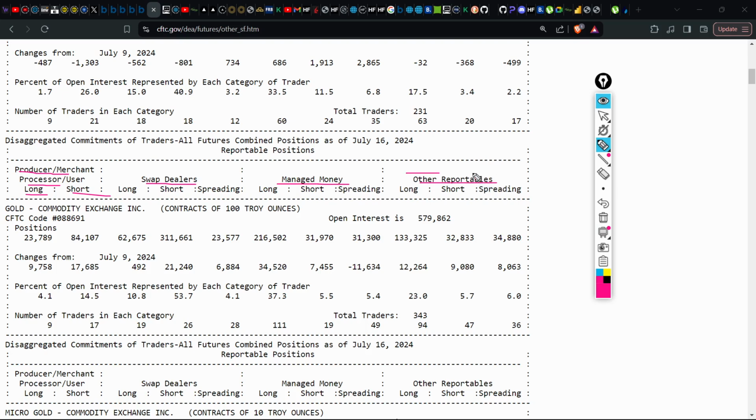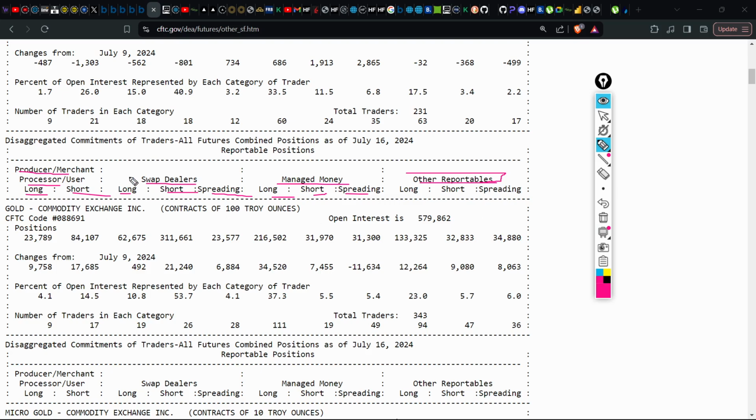And this one has been considered as the irrelevant one. So these are the 3 main ones: producer, swap dealers, managed money. Now let's look at the contracts, because there's long, short, spreading, long, short, spreading. If you want to know who controls the market, this is where you should be.